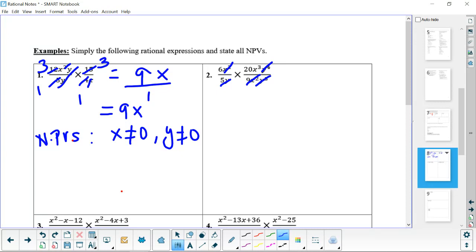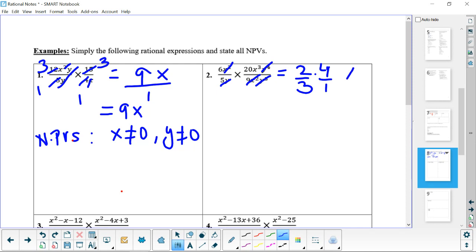So let's simplify our numbers now. 6 divided by 9, let's reduce it to the simplest form. 6 by 9 is 2 by 3. 20 divided by 5 is 4 by 1.